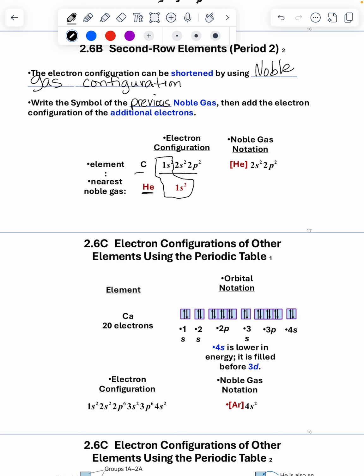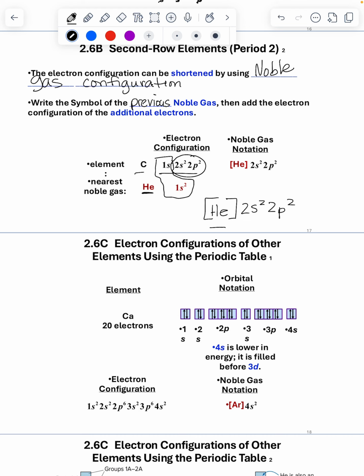And then when you do that, you're saying carbon's configuration looks exactly like helium's configuration, with the exception of this part. So you simply have to write what's different: 2s2, 2p2. So when we put the noble gas in the bracket, we're leaving out the part of the configuration that they have in common, and we're simply writing what's different.